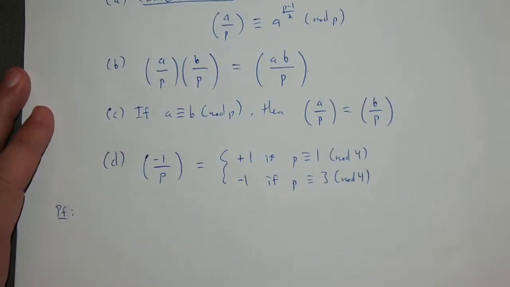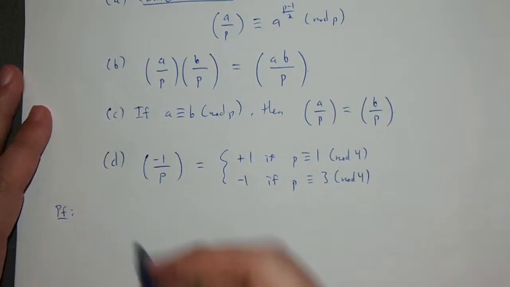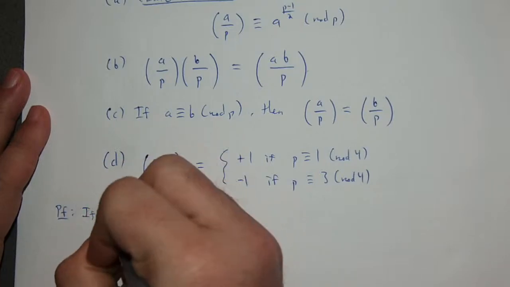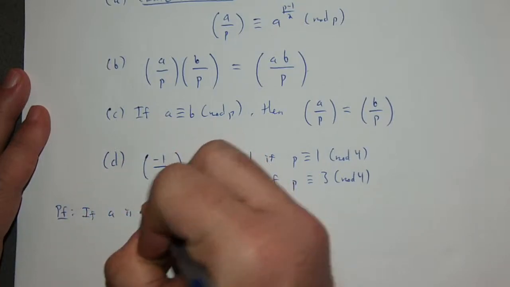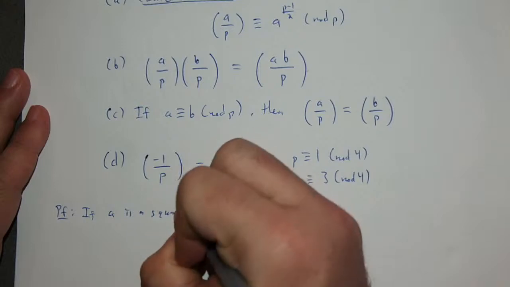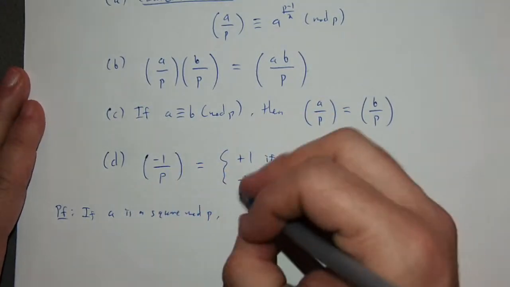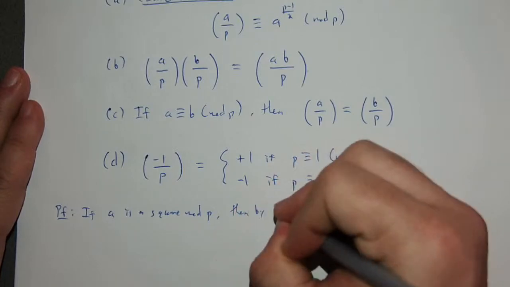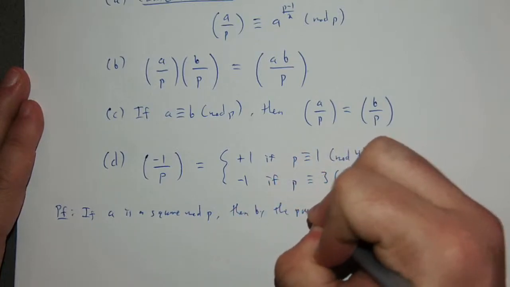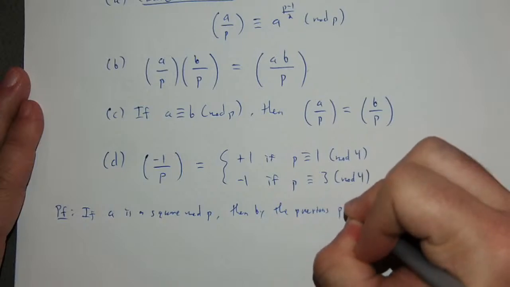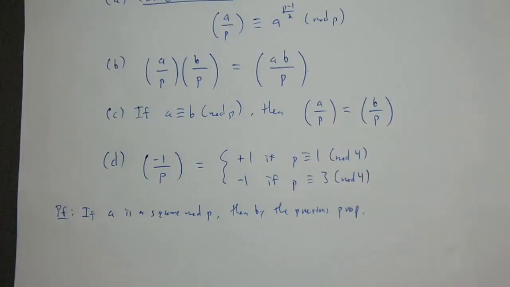Okay. So if A is a square mod P, then by the previous proposition, let me just remind you.